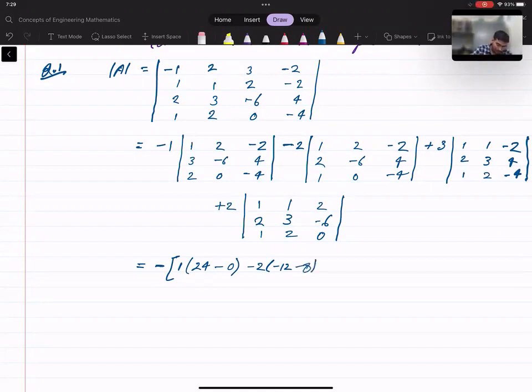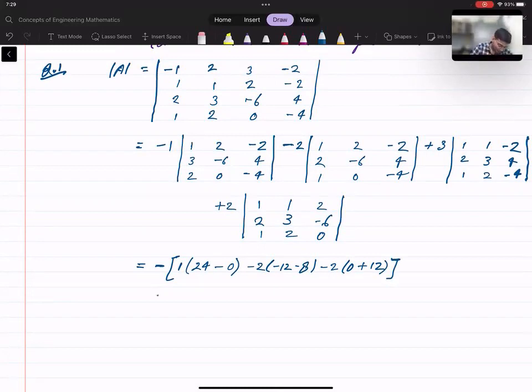Then if we move ahead, what we have now -2 again, and now this time the product is 0 minus minus plus 12. Okay, 6 2s are 12 and minus gets converted to plus. So this is the expansion of the first third order determinant here.